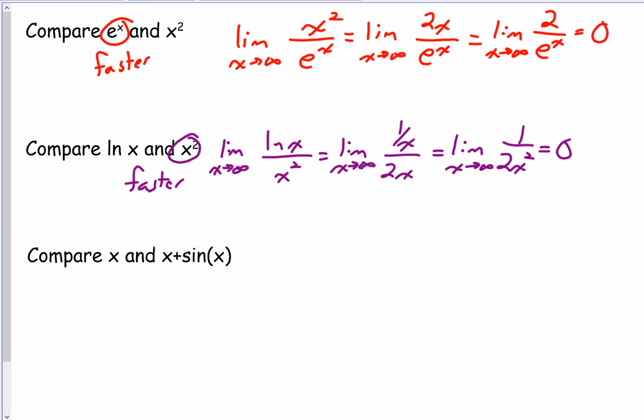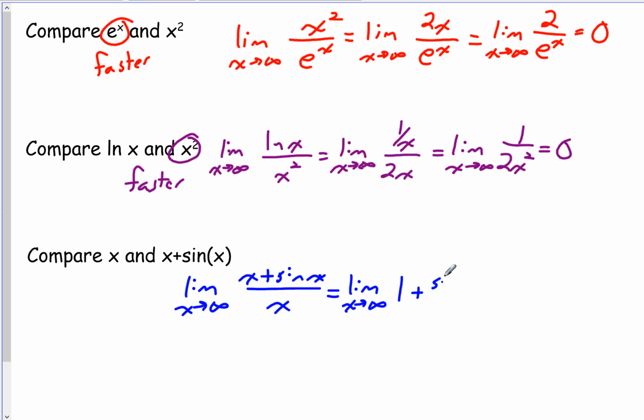And then finally, if I wanted to compare x and x plus sine of x, as this is going off to infinity, this is a little bit tougher. So I'm going to split this into two fractions. This would be my limit as x goes to infinity of x over x, which is 1, plus the sine of x over x.